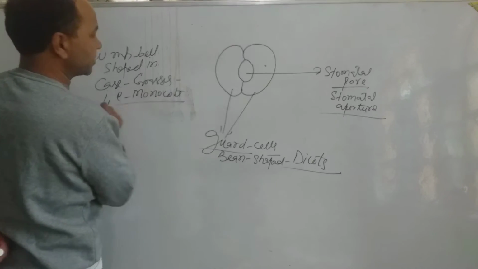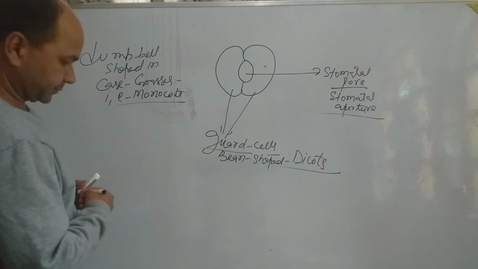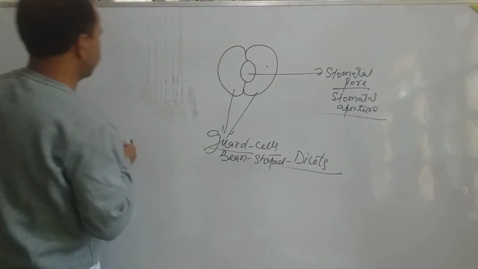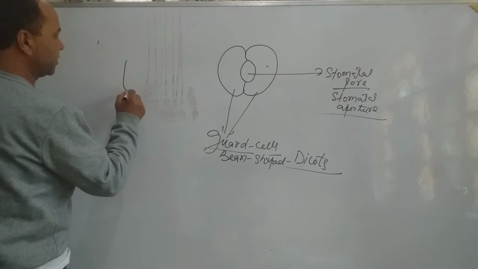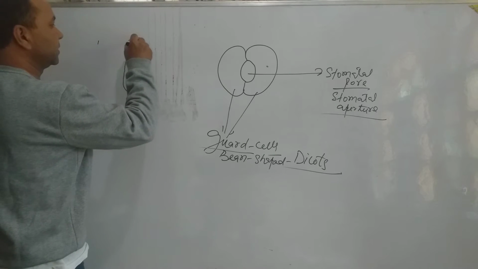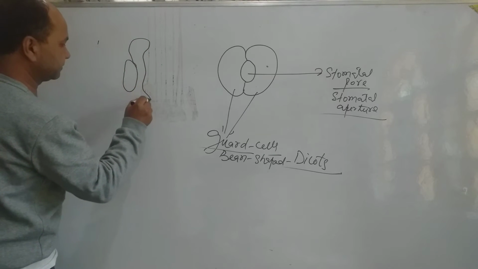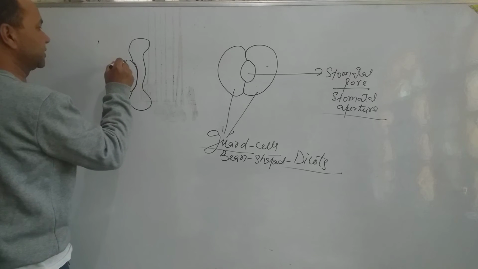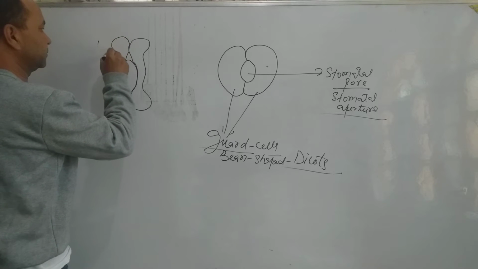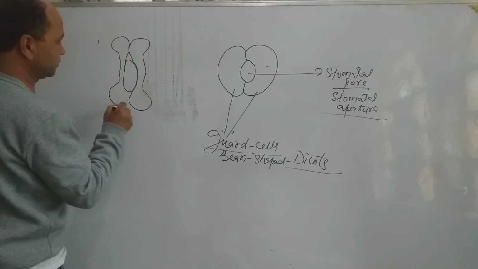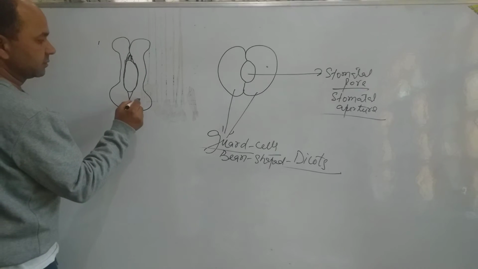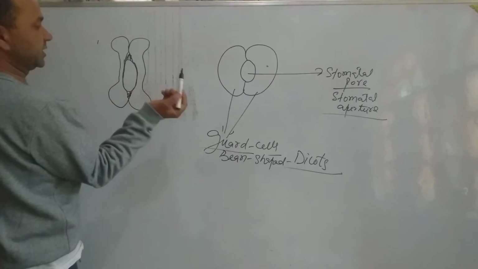I will make the structure of that also here. Look here. If it is a stomatal pore, it is guarded by two important guard cells which are dumbbell shaped in case of monocots, usually in case of these grasses.